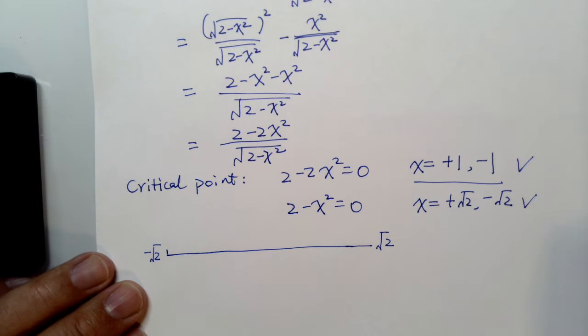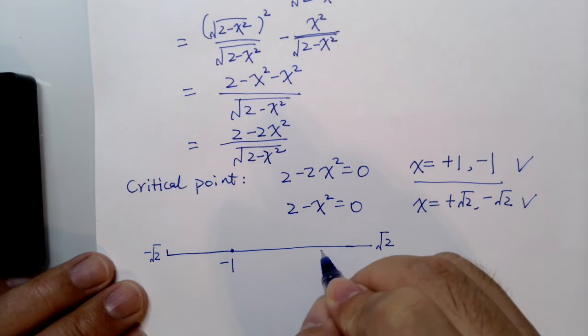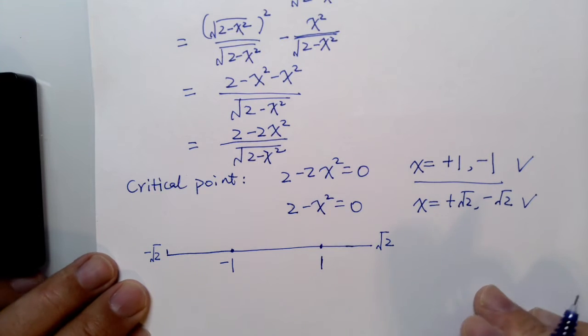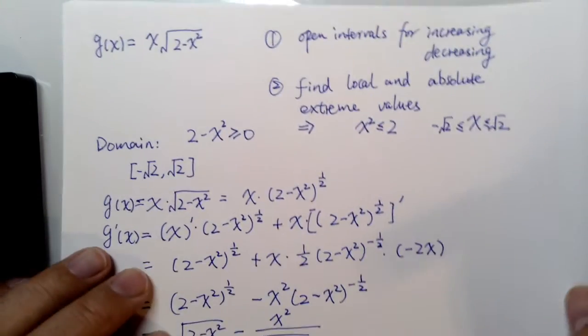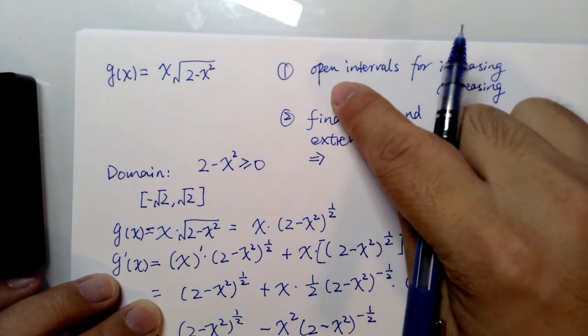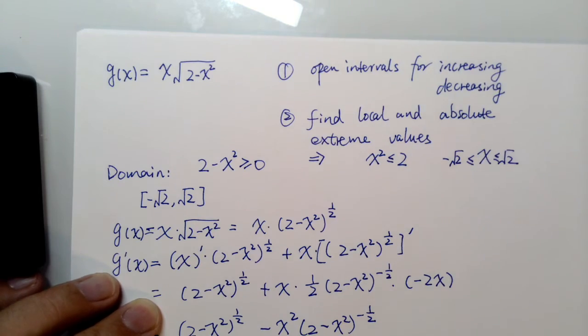So that's perfectly good. And then we label negative 1 here, we label 1 here. In fact, when we go back to the first part of the question, it asks us to figure out the open intervals for increasing or decreasing, right?